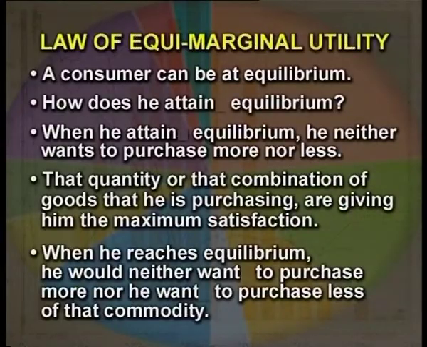This law is a very important law, and it helps us to understand how the consumer behaves or how he has to spend his money in order to maximize his satisfaction.